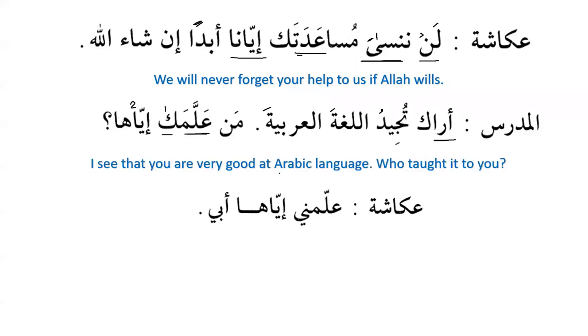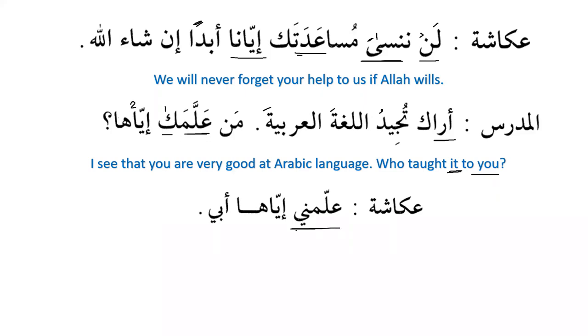I see that you are very good at Arabic language. Who taught it to you? So as we can see, ka is the first object and it is translated as you, and iyaha will be it. Who taught it to you? Okasha says, allamani iyaha abi. Allamani, he taught me.